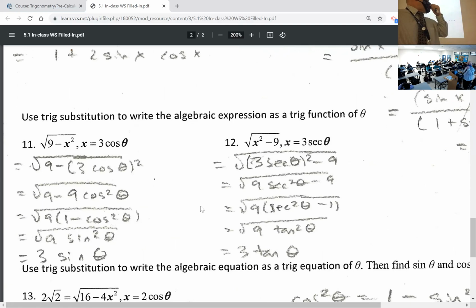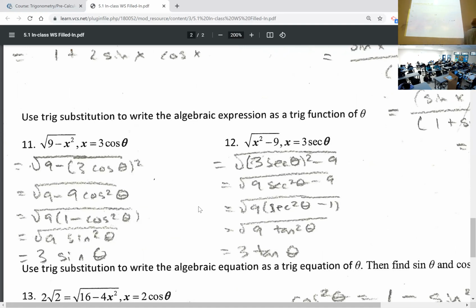This one says use the trig substitution to write the algebraic expression as a trig function. So 9 minus x squared, take the square root of that. And I've got x is equal to 3 times cosine of theta.